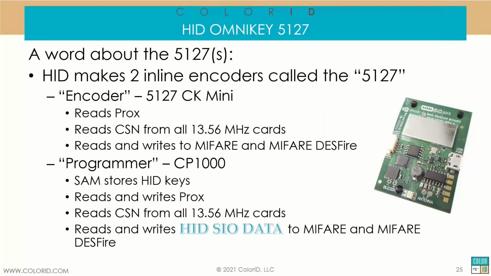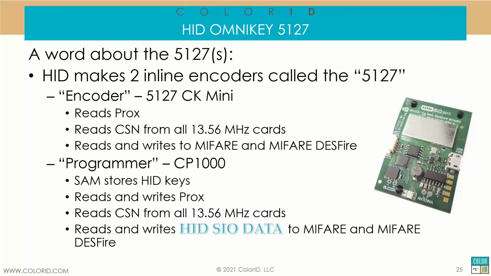Let's talk for a moment about HID encoding, because for inline encoding and even at the desktop, HID uses the 5127 made by OMNIKEY, which is an HID subsidiary. So HID makes two encoders called the 5127.